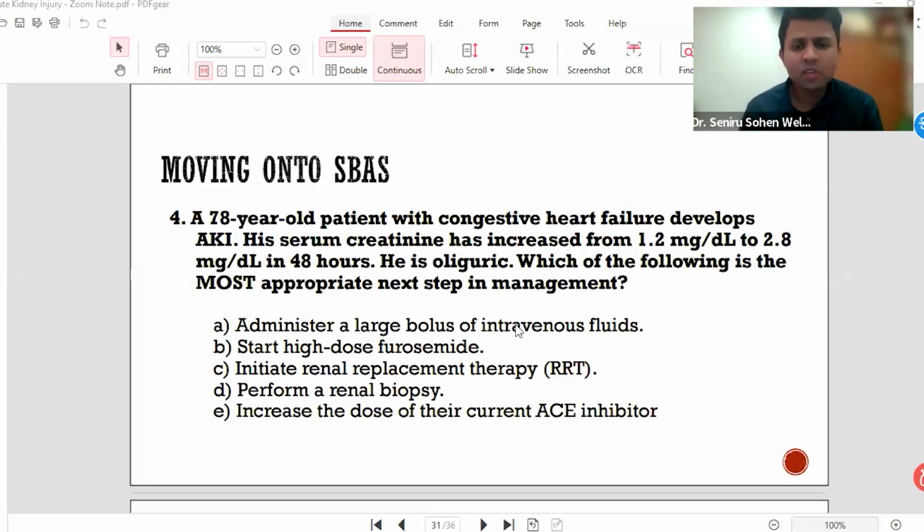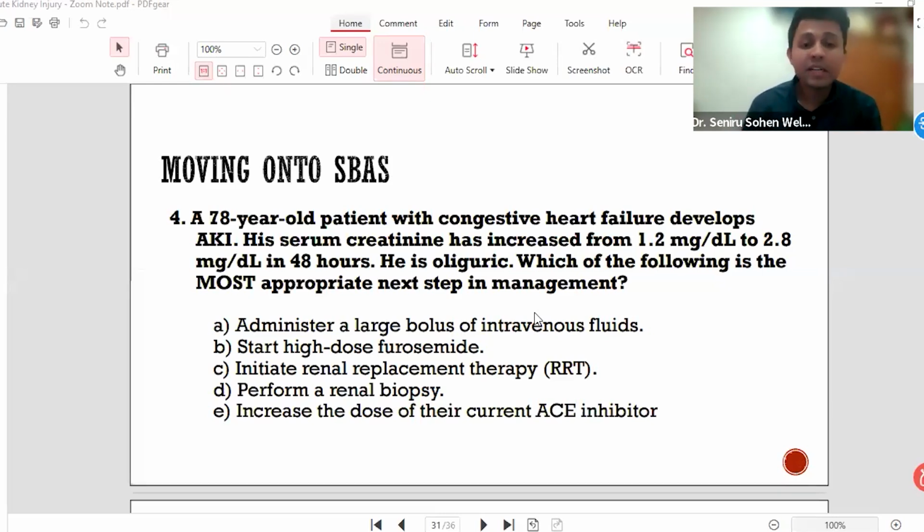So administering a large bolus of intravenous fluid is of course out of the question. To give fluids, patient will go into hypoxia. Performing a renal biopsy. So here most probably we have some clear cause for the AKI because the patient has gone into heart failure exacerbation and probably in cardiorenal syndrome. Increasing the dose of their current ACE inhibitor. ACE inhibitors in AKI can be dangerous, but ACE inhibitors are used in the chronic management of heart failure, but it is not an option at the moment.